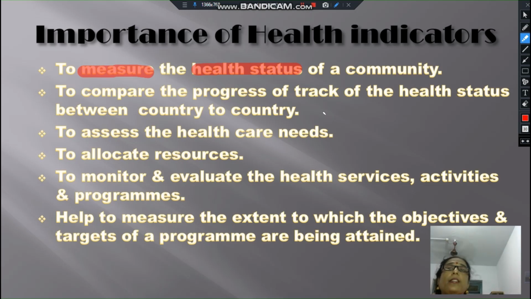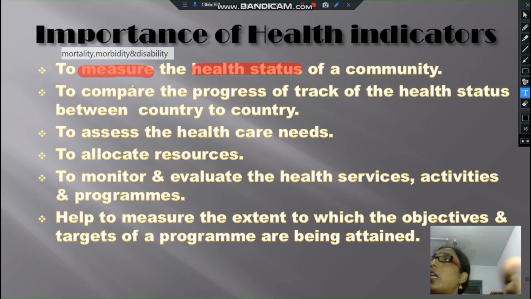Health status means both the physical and the mental condition, and a health indicator is a variable susceptible to direct measurement that reflects the state of health of a person in a community, and the health status of the community is measured in terms of mortality, morbidity and disability.